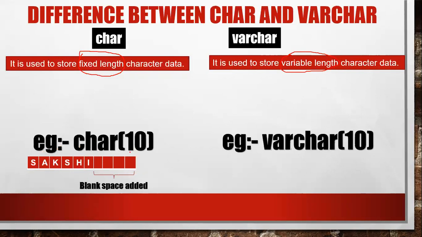As you see, it has been given the length 10, so it will consume the entire length. If the data entered by you is shorter than the given length, then it will consume the left space by adding blanks in it. So what is the purpose of it? It has to consume the entire space. That's why we call it fixed length, because whatever data you store, it will consume the entire 10 spaces.